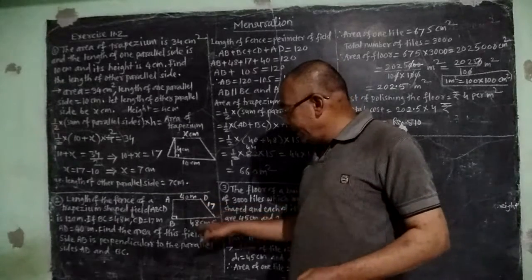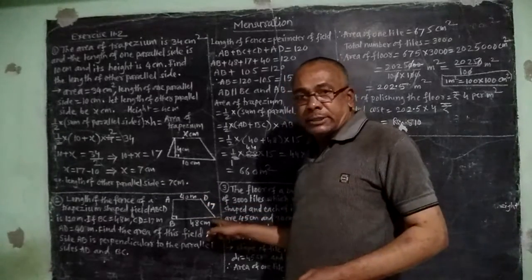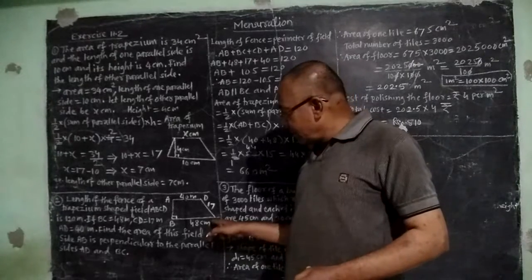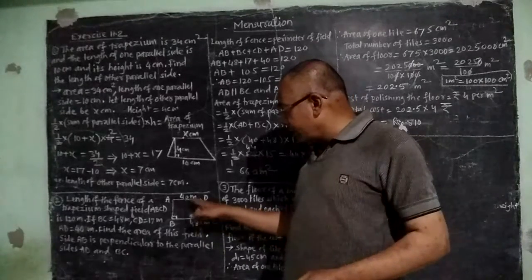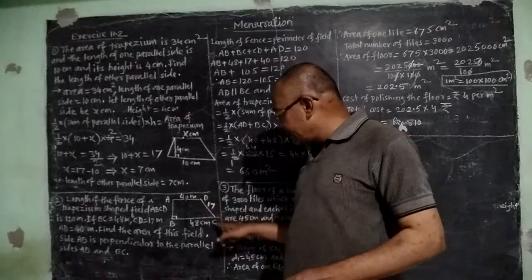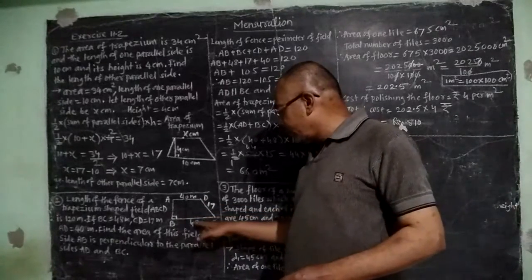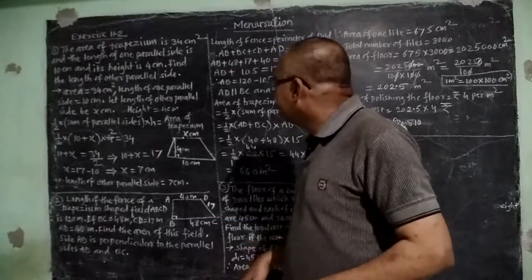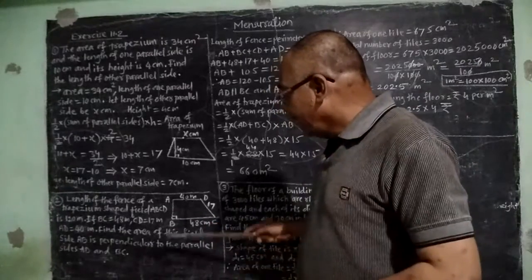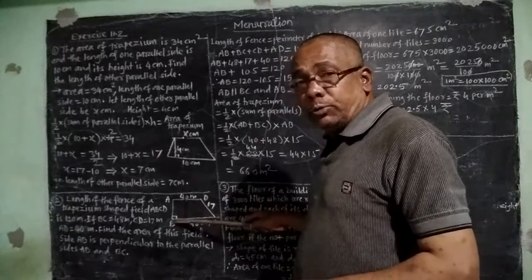Here AD and BC are the parallel sides. Here AD is given 40 meter, CD is given 17 meter, BC is given 48 meter, and AB is perpendicular to the parallel sides.